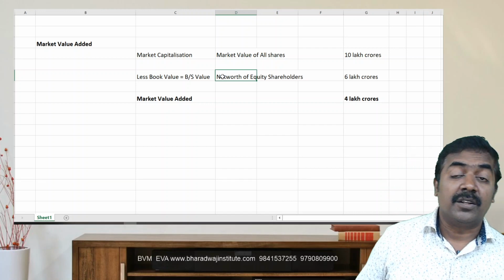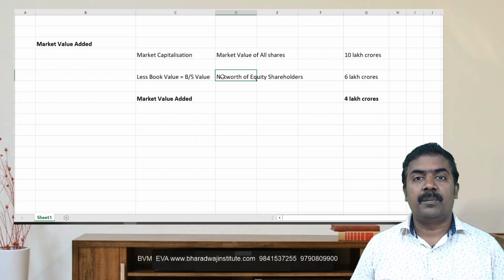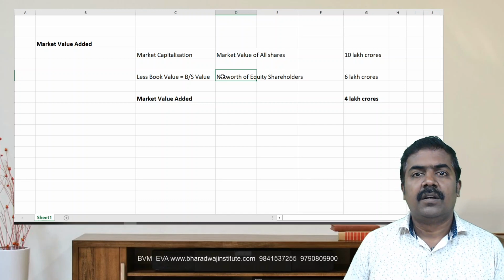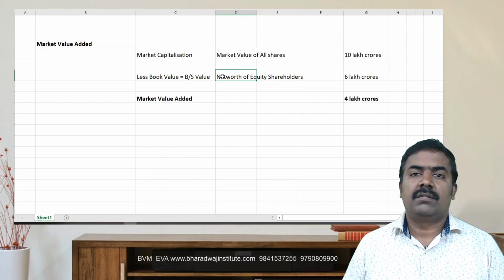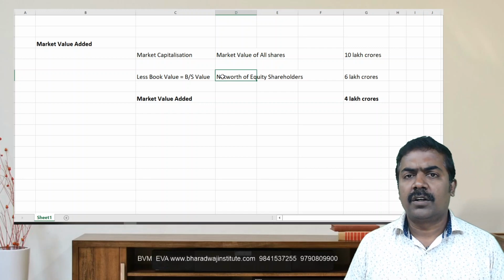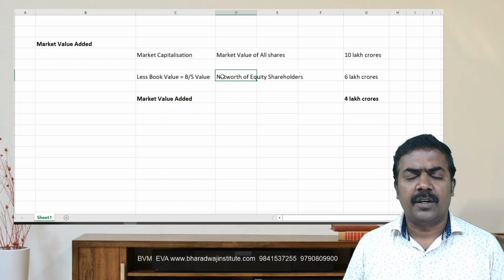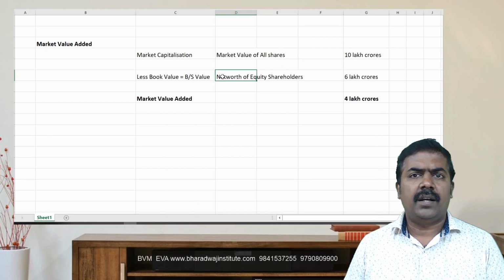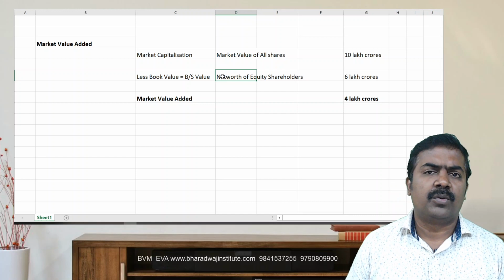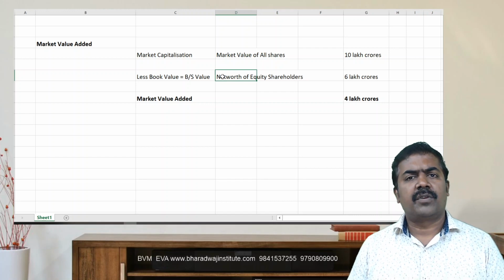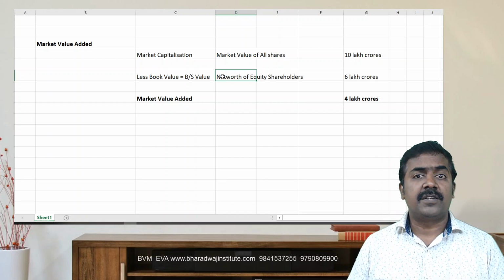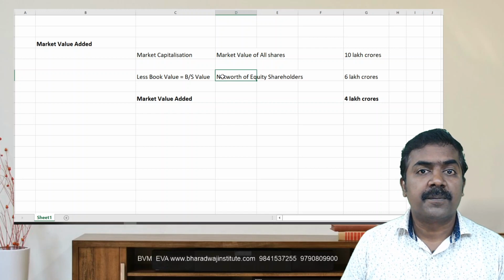If you think that the shares are traded below the book value, so let me buy. I bought some shares in 2008 for somewhere around 45 or 50 rupees, and I held them for more than 15 years. After the corona effect, the share price came to 23 or 24 rupees.